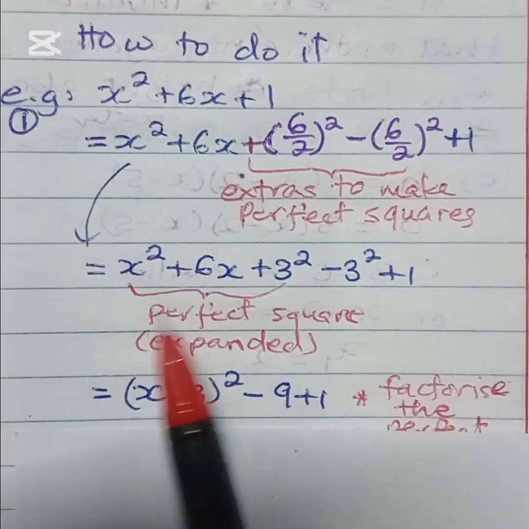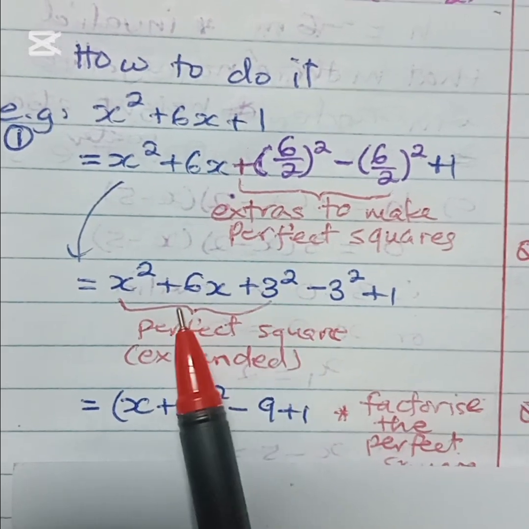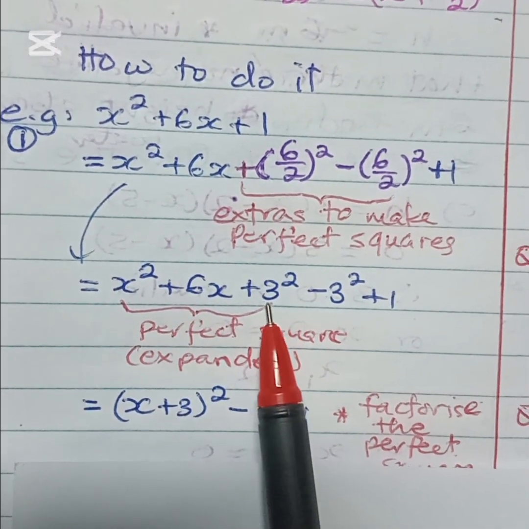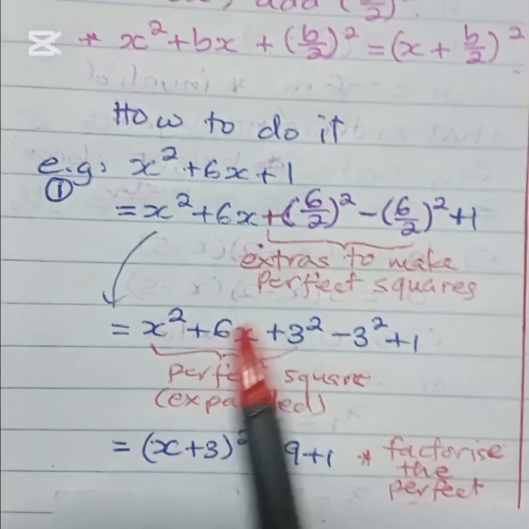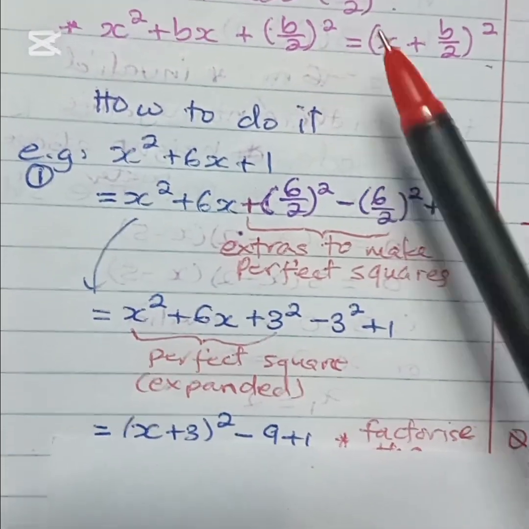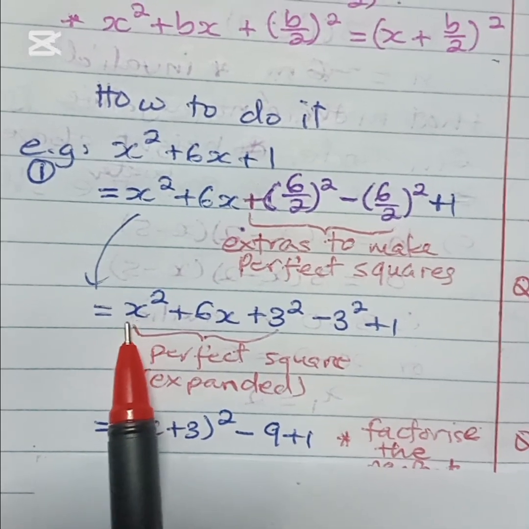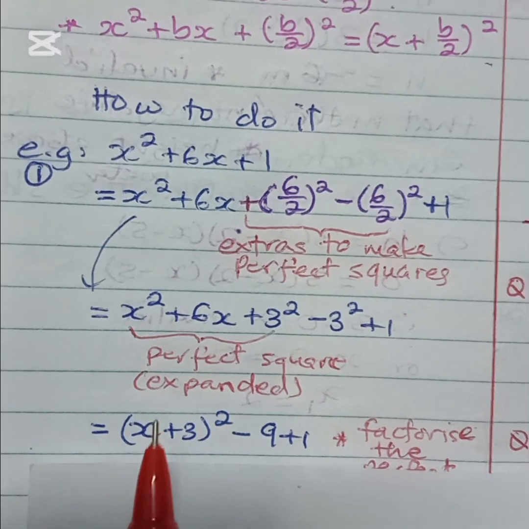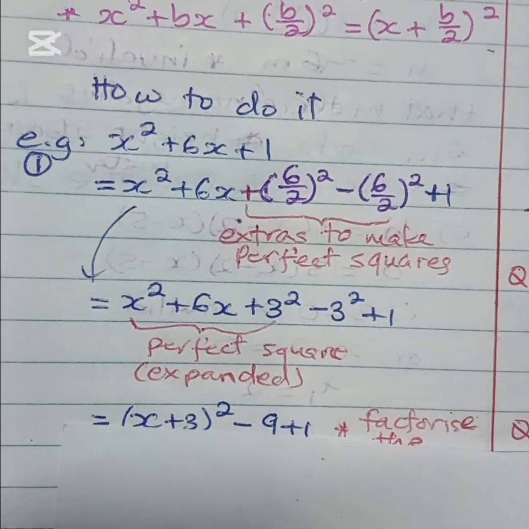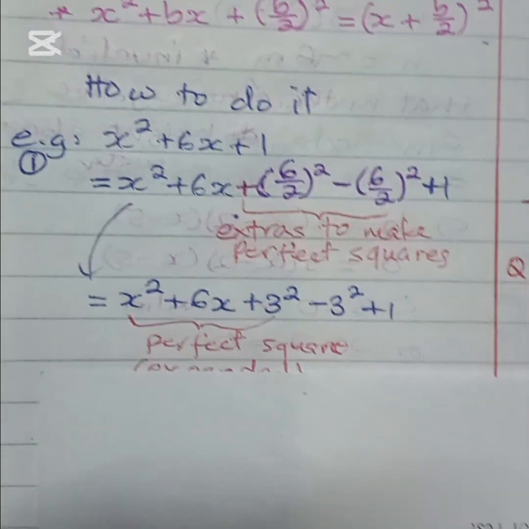Okay, since the first term and the last term are square numbers, and the base of the last term is half of b, that is this format there, so it's a perfect square. So what we do is we just get the base of the first and the last term, and we put them in brackets and then we square it. Or otherwise, we can do it the long way.